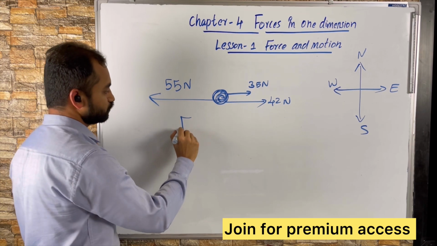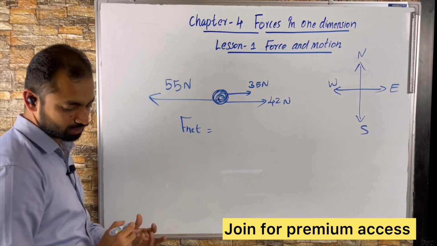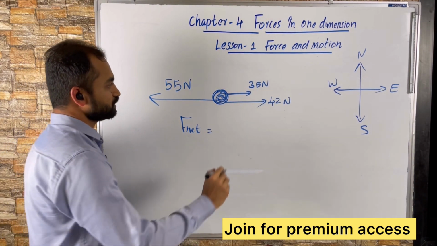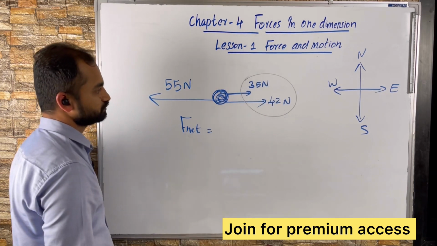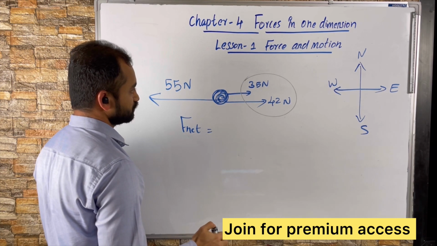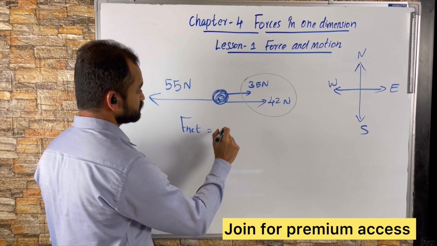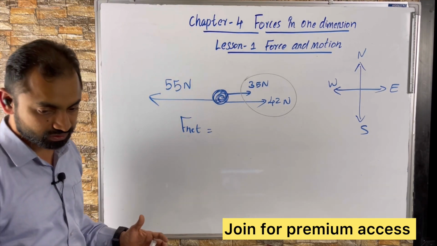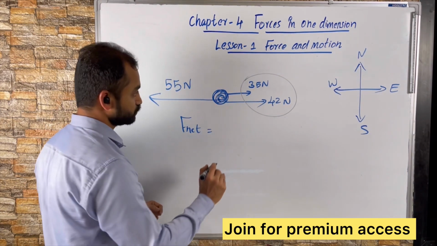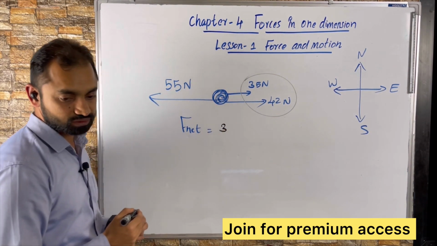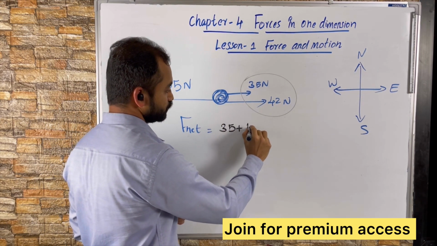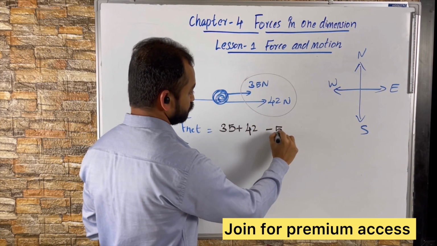So the question is to calculate net force. How will you calculate? There are 2 forces in this direction, right? Very good. You will add the forces in the same direction and subtract the forces acting along the opposite direction. So 35 plus 42 minus 55.